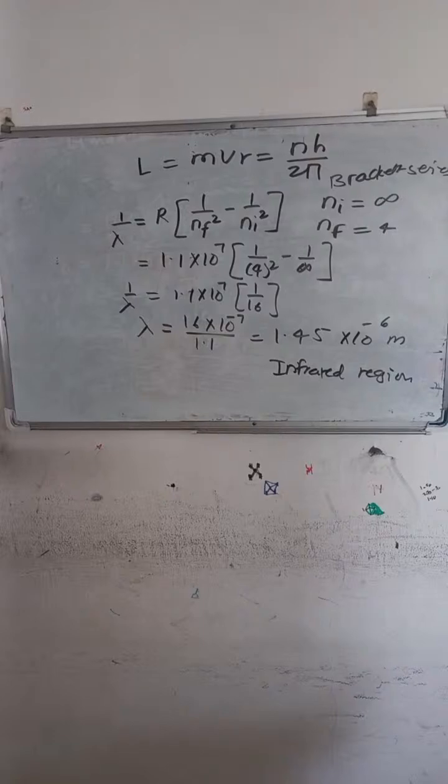A hydrogen atom. The next question is very important. Mark it as IMP. A hydrogen atom initially in the ground state absorbs a photon which excites it to the n is equal to 4 level.